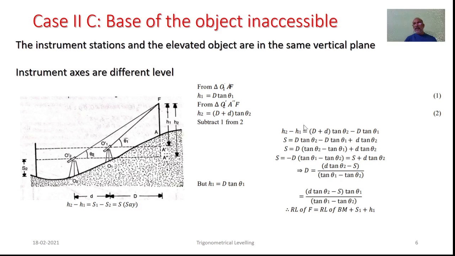Here we have to deduct that particular h1 from h2, and accordingly this d, when the instrument at station O1 is higher as compared to the other subsequent setup, we have to make use of this particular expression. The RL of the station can be determined in the same manner: RL of benchmark plus S1 plus H1.